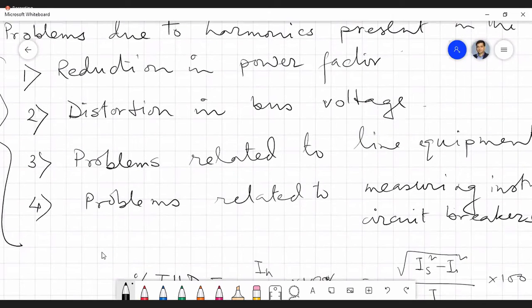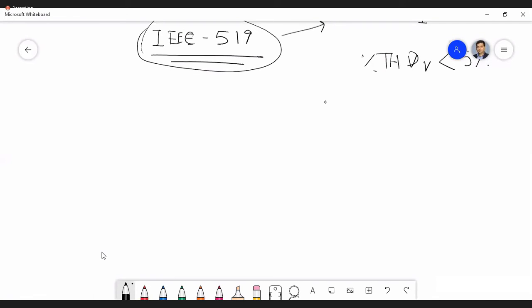First we'll discuss reduction of power factor. What is power factor? Let me first define the power factor, then only we can discuss this.